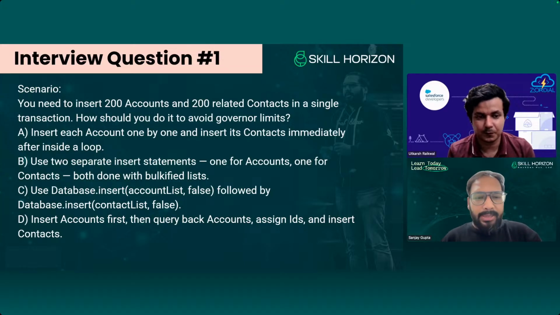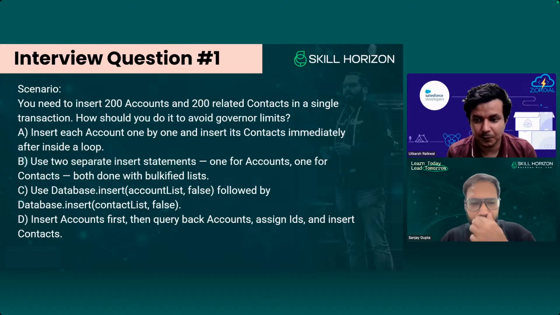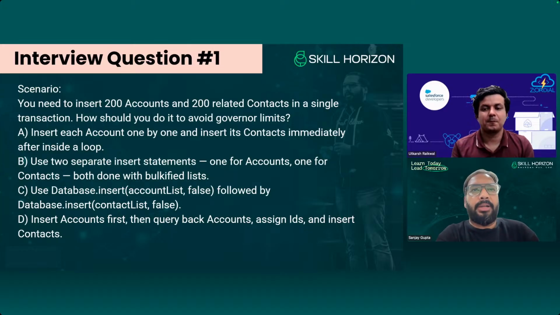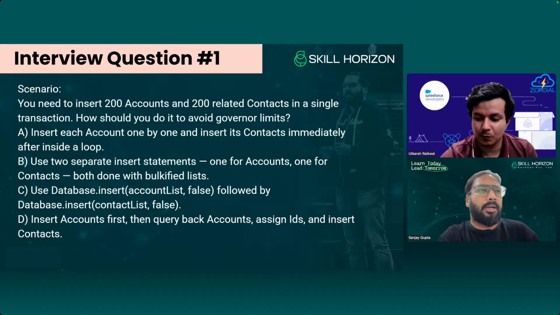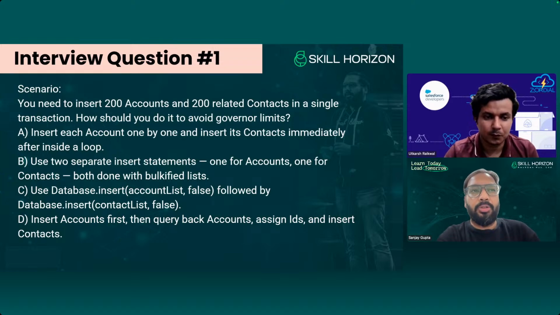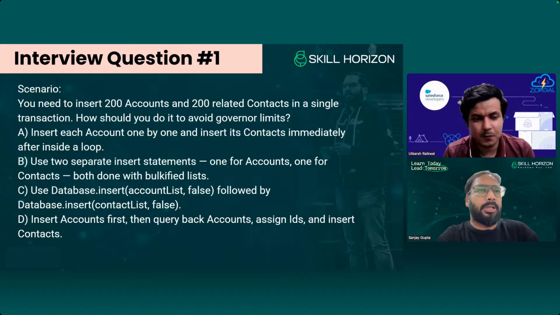So, can I know the answer to this question? The first option says insert each account one by one and insert its contact immediately after inside a loop. The second option says use two separate insert statements, one for account and one for contact, both done with bulkified lists. The third says use database.insert followed by database.insert, one for account and one for contact.